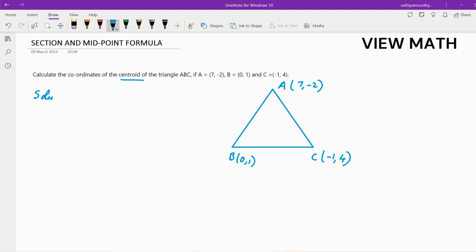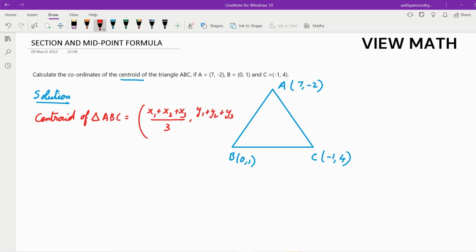Now we know the midpoint formula, but they're asking us the centroid of the triangle. The formula for the centroid of the triangle ABC is equal to (x1 plus x2 plus x3) by 3, comma, (y1 plus y2 plus y3) by 3.